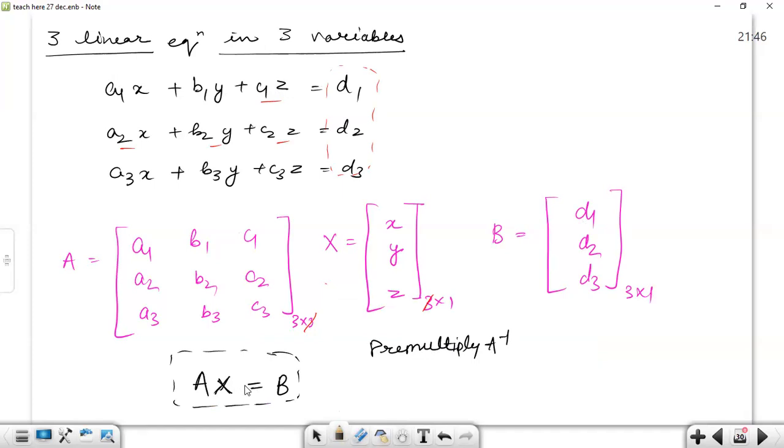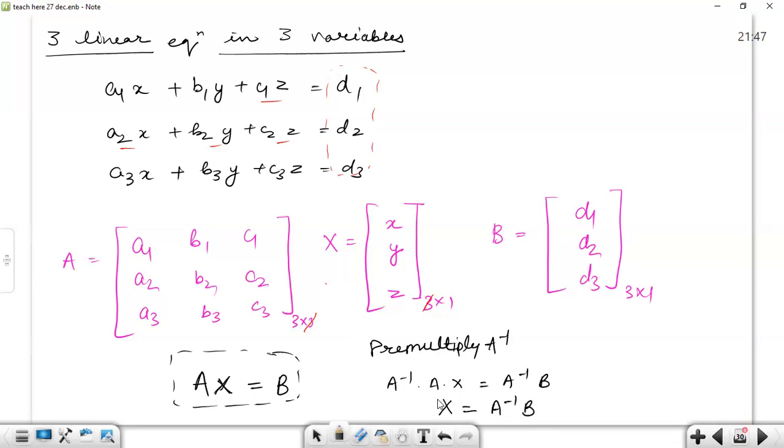So the pre-multiplication of A inverse will make it A inverse into A into X equals A inverse into B. A inverse into A becomes the identity matrix. Identity matrix when multiplied to X becomes X only. And X will be equal to A inverse into B.